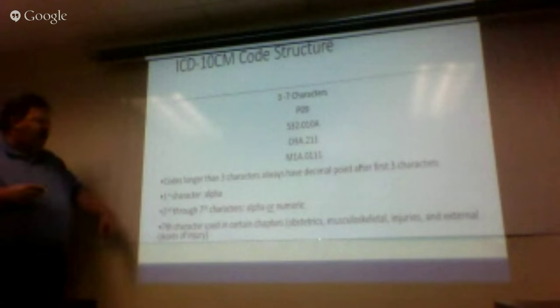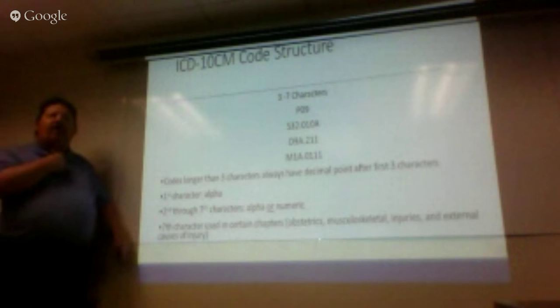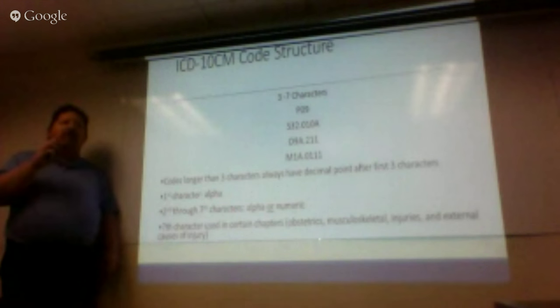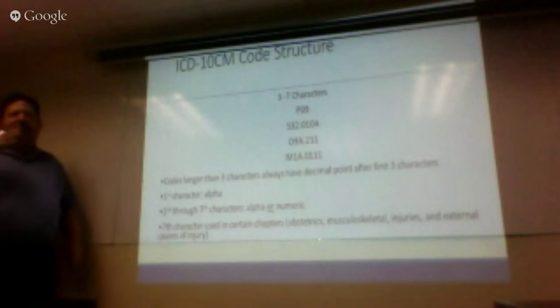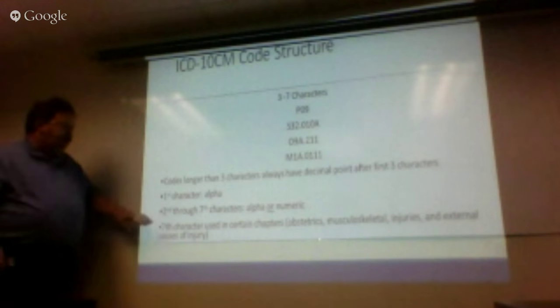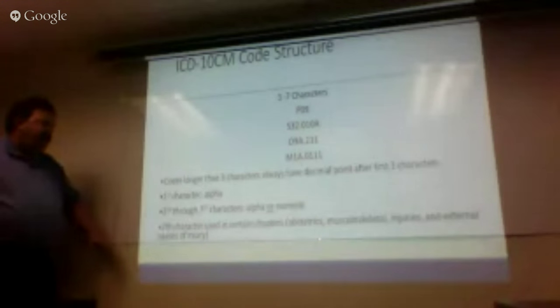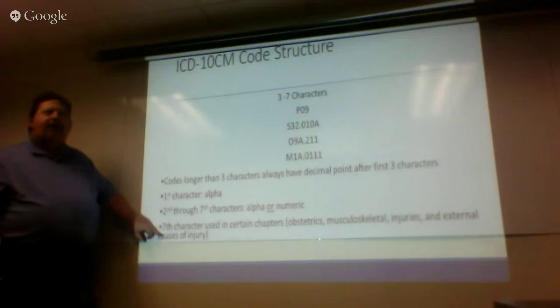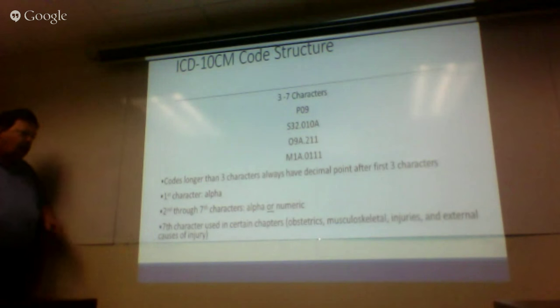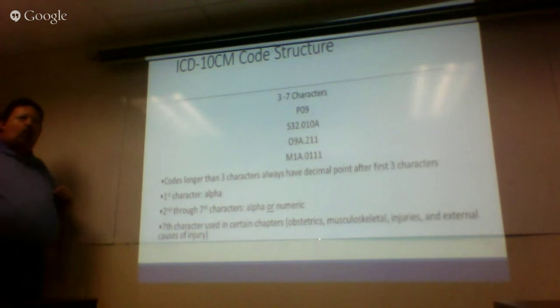Longer than 3 have a decimal point. Where we come from in the machine world, the decimal points don't mean anything. We take them out. It's much easier for us to process everything without a decimal point. 2nd through 7th are alpha or numeric. And the 7th character does something we never had the ability to do before. Number 1, it can act as a placeholder.